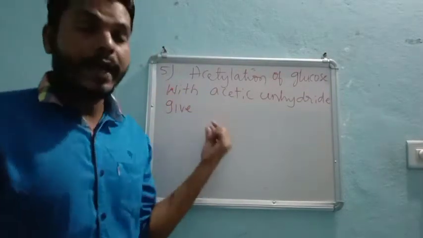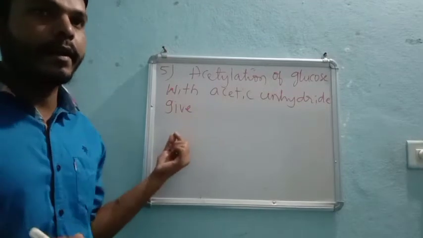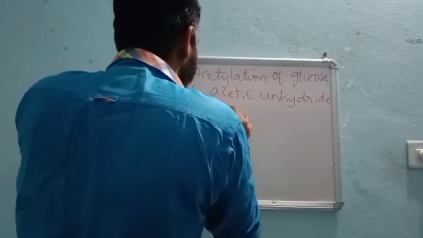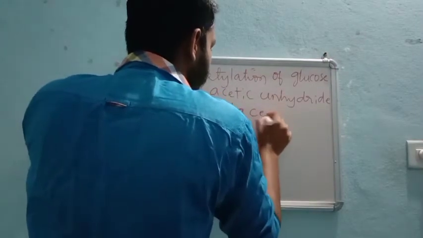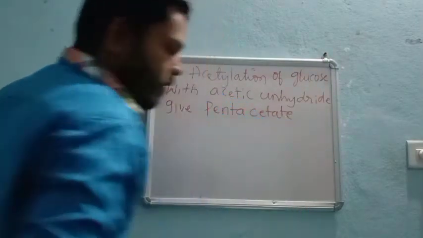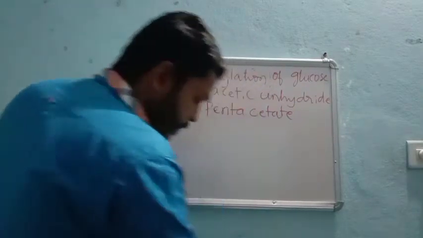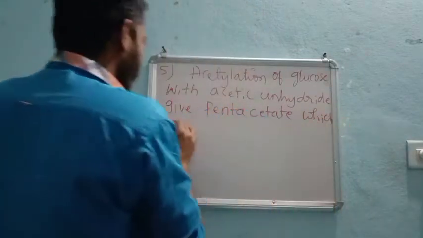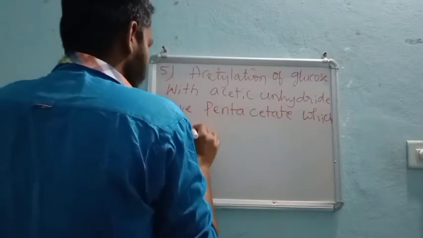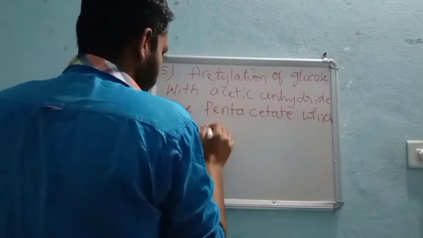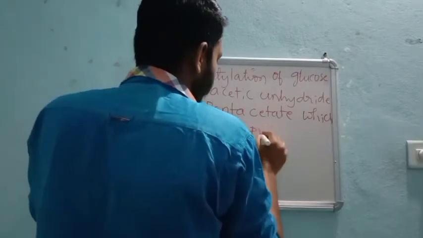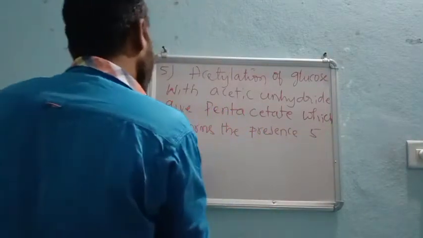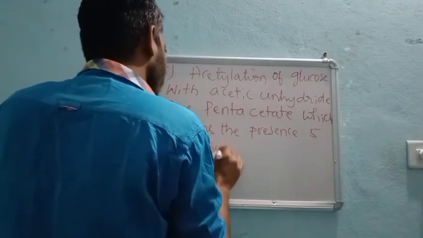After reacting this with acetic anhydride, it gives pentaacetate, which confirms the presence of 5 OH groups in glucose.